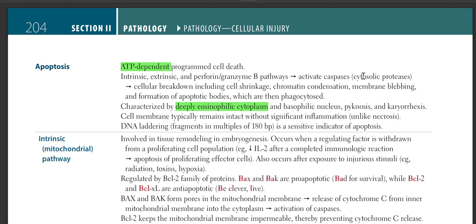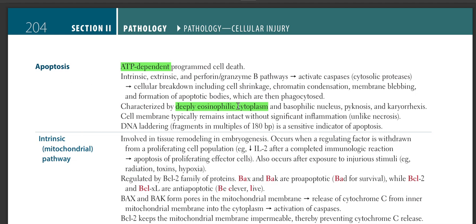Next thing is this part. Apoptotic cells will almost always be deeply eosinophilic in nature. Sometimes, even in the question, they'll just show one random eosinophilic cell in a whole group of normal cells, and they'll ask you what process is happening in this specific cell. And the answer would be that there is apoptosis happening in the cell.